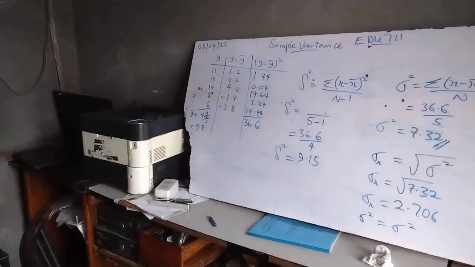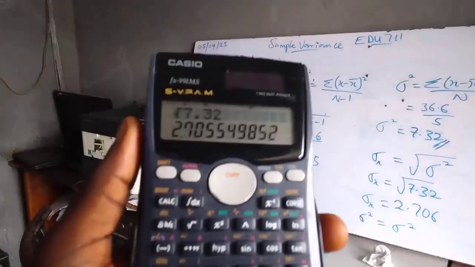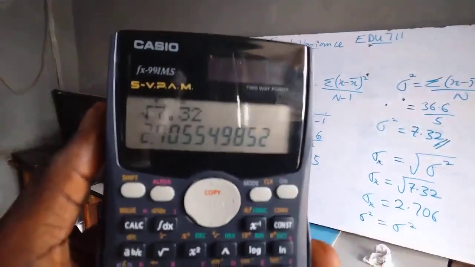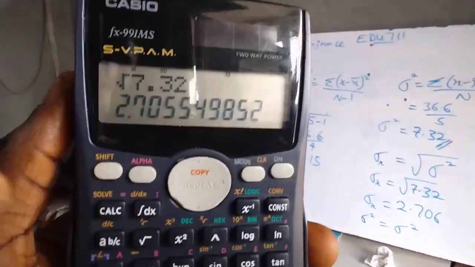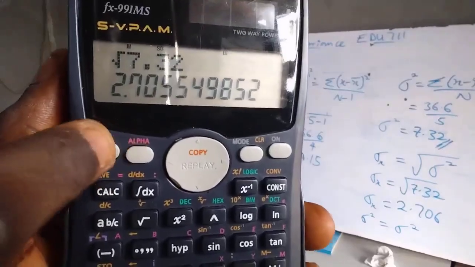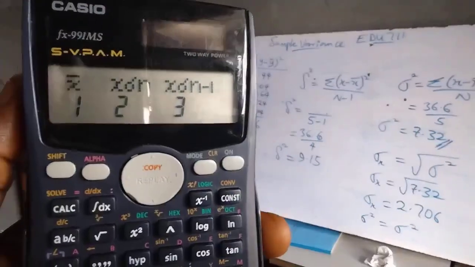So let's check our values again. We have the values inputted in the calculator already, so all we need to do is to bring them out. Press shift and press 2. Then we have this.